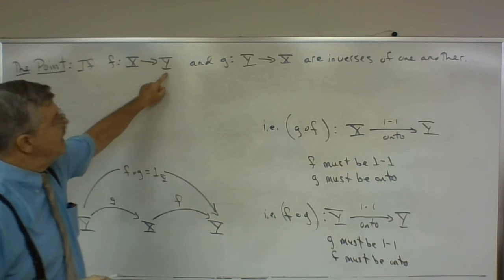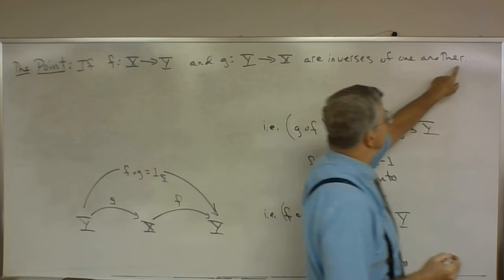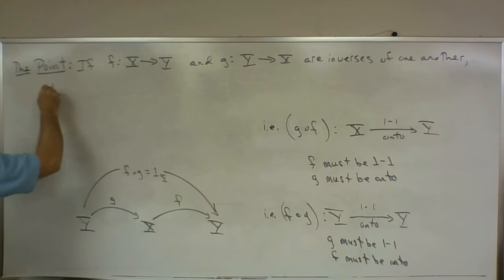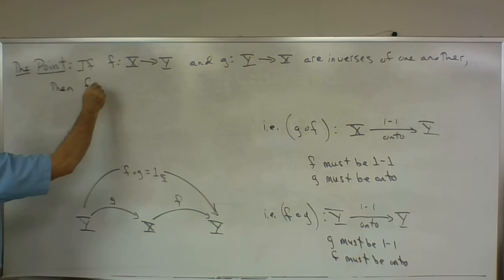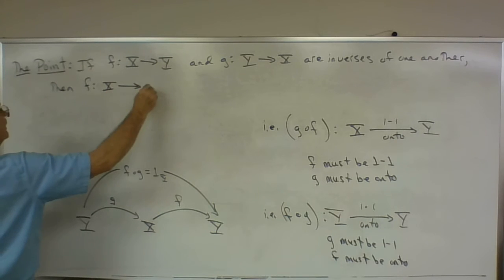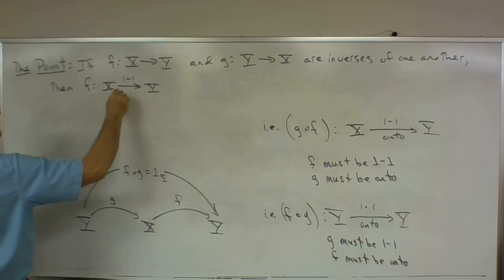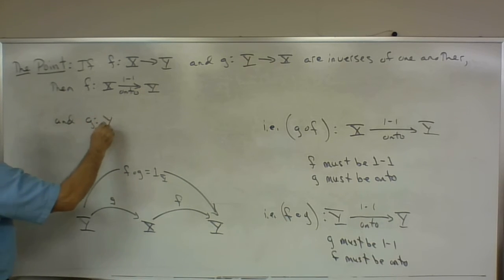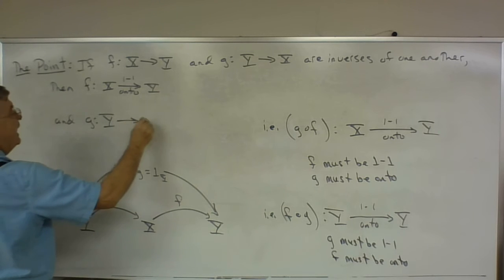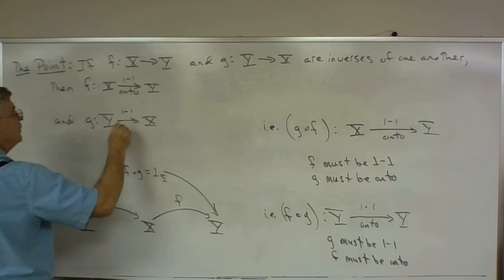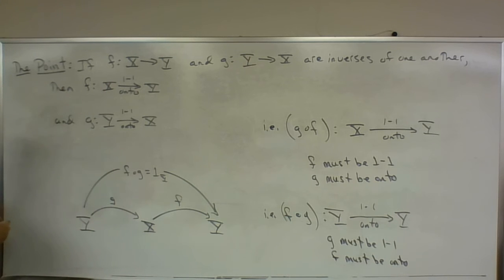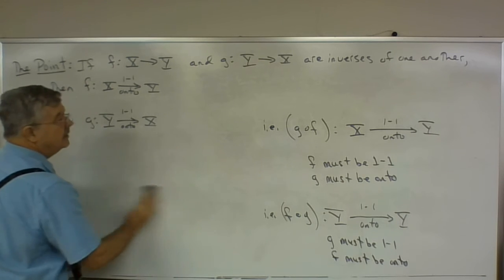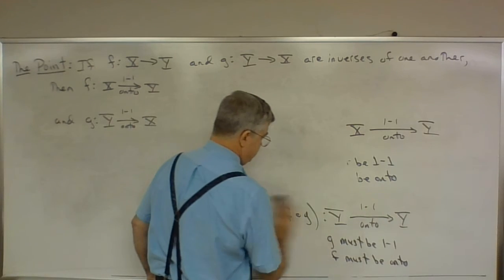If F from X to Y and G from Y to X are inverses of one another, then F from X to Y has to be 1-to-1 and onto. And G from Y to X has to be 1-to-1 and onto also. We've just shown that.